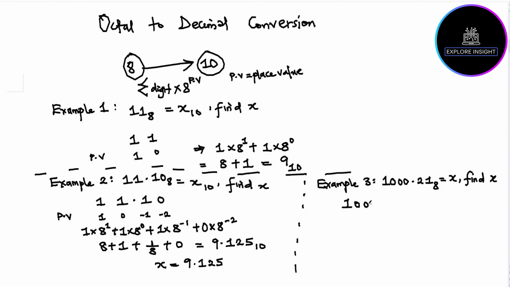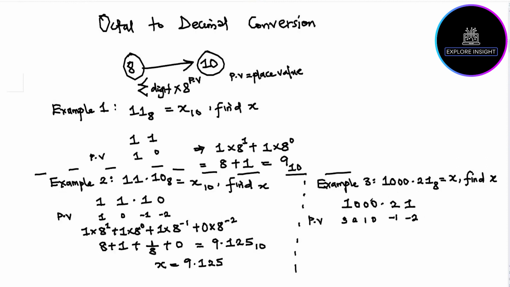Okay, so let's put the place value first. So PV, which is place value, from this dot we have 0, 1, 2, 3, while towards the side, from left to right, we have -1, -2, considering the decimal places.